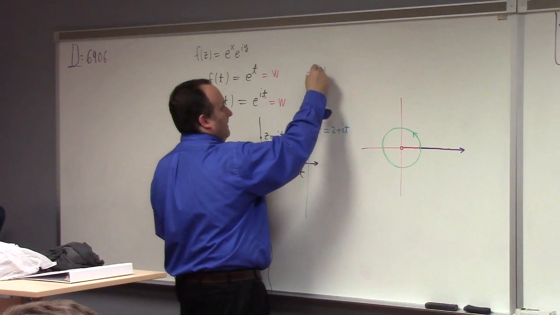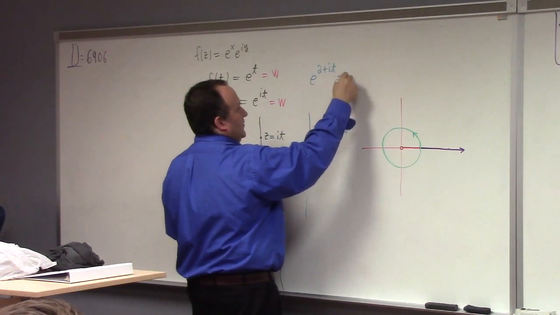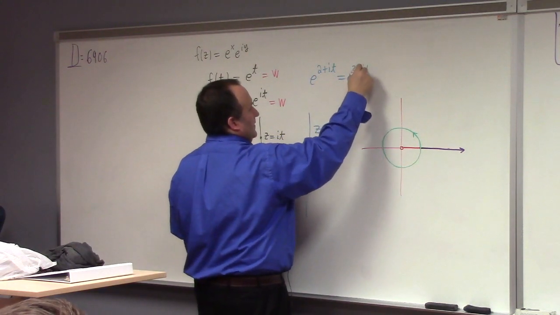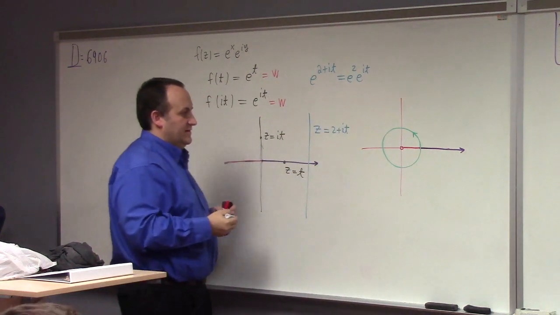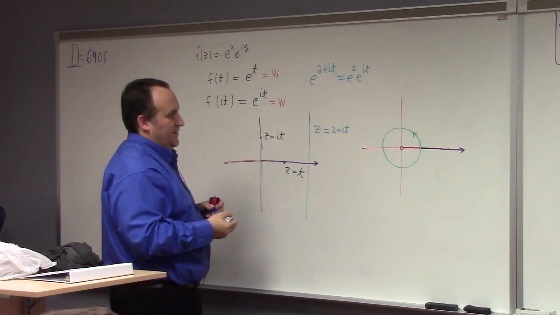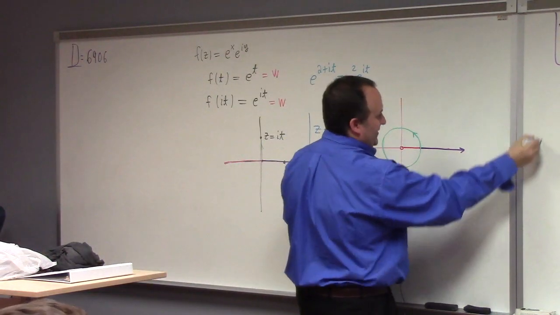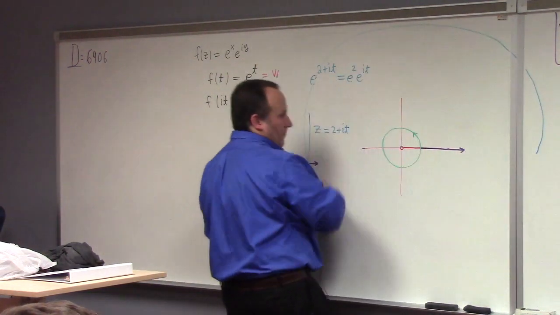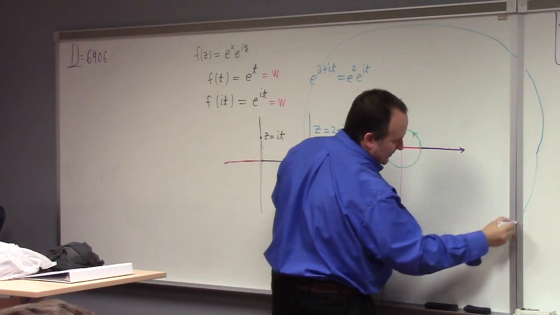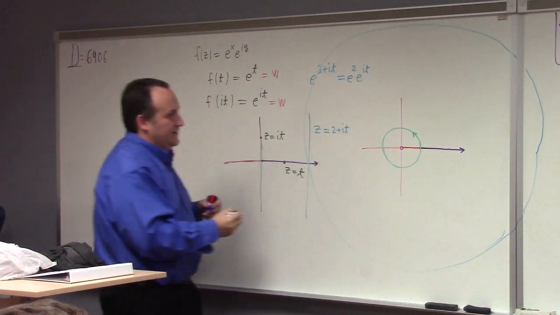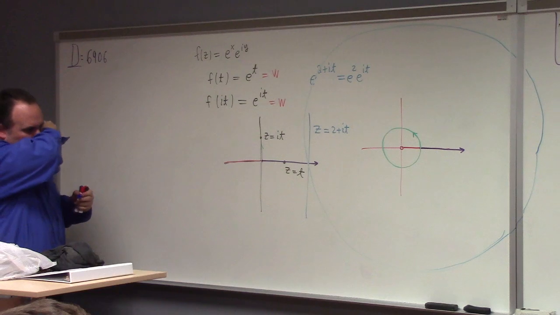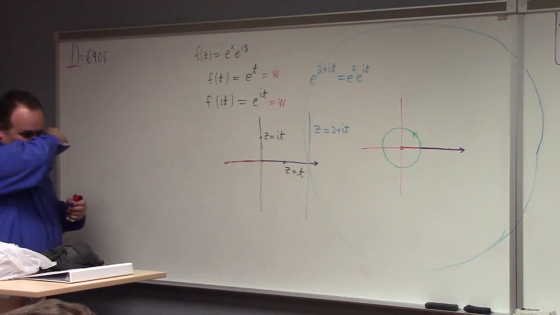Circle of radius 2. Almost. Radius e squared, which is a poor choice on my part. So like over here. Anyway, you get the idea, I hope.